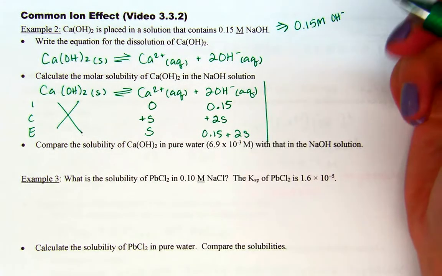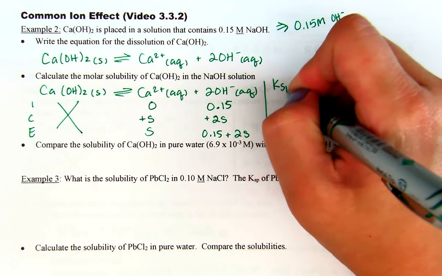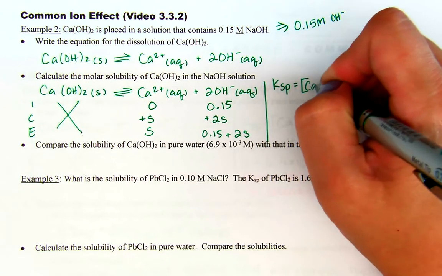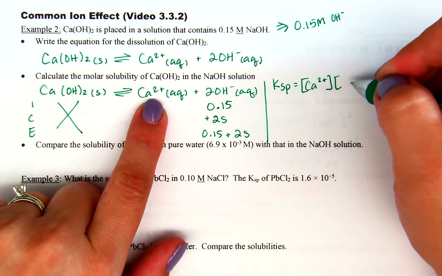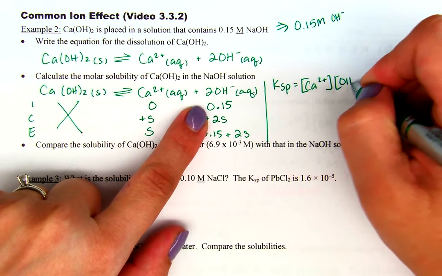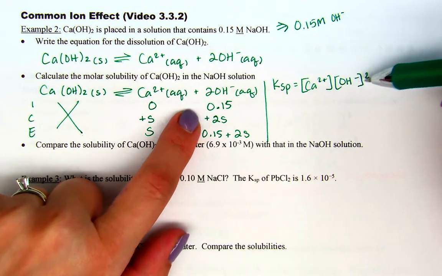Let's set up our Ksp equation just like we have before. Ksp equals the concentration of our calcium ions times the concentration of our hydroxide ions squared.